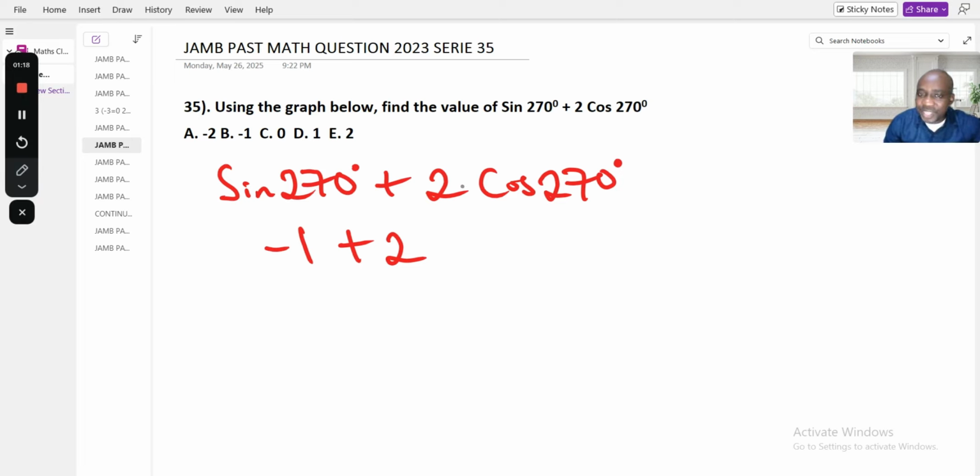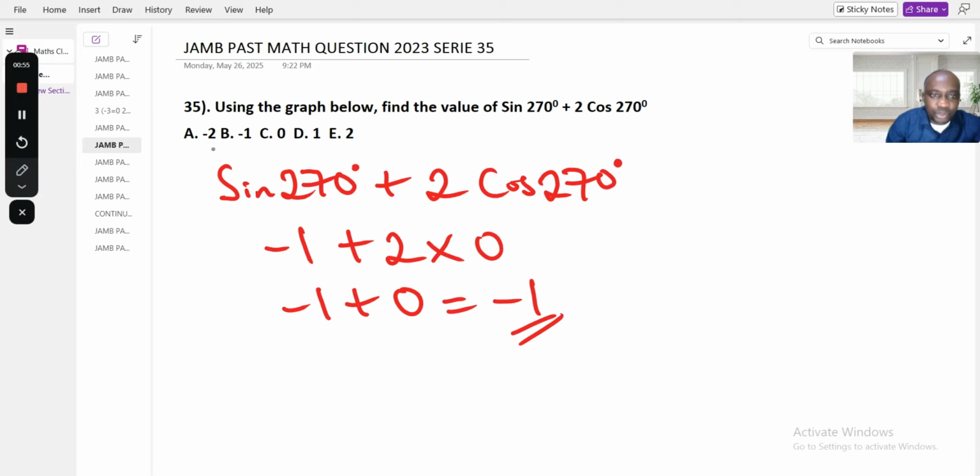When you do not see anything between 2 and cosine 270, it means that there's an invisible multiplication there. Therefore, we are going to multiply by 0 because our cosine 270 degrees is 0. -1 plus 2 times 0 is 0. -1 plus 0 is going to give us -1. Our final answer is -1. Do we have it? Yes, B. Our answer is B. Let's move to the next question.